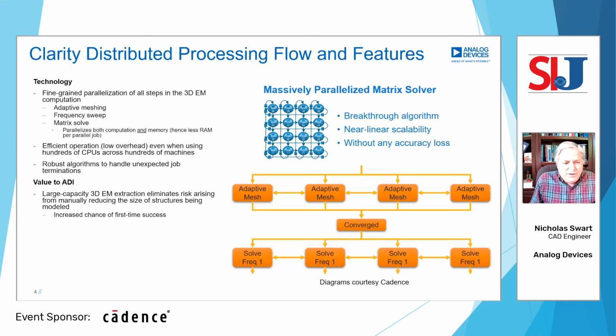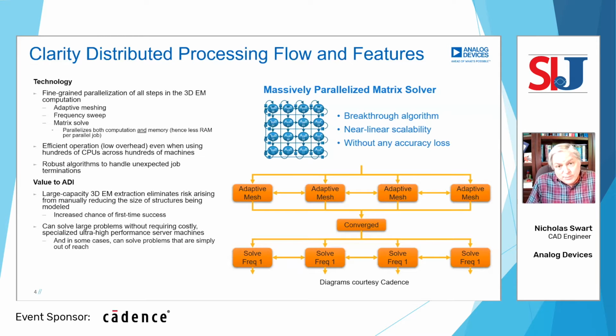And the more you can simulate of that system, the more you reduce risk and therefore increase the chance of first-time success. So that's one value add to ADI that we see. And particularly today, if a system is being built on a laminate, lead times for laminates through assembly houses are very significant. The cost of failure is very, very large. So it's very important to have first-time success.